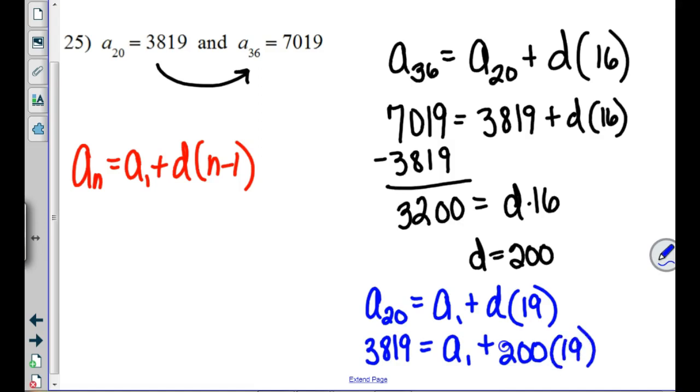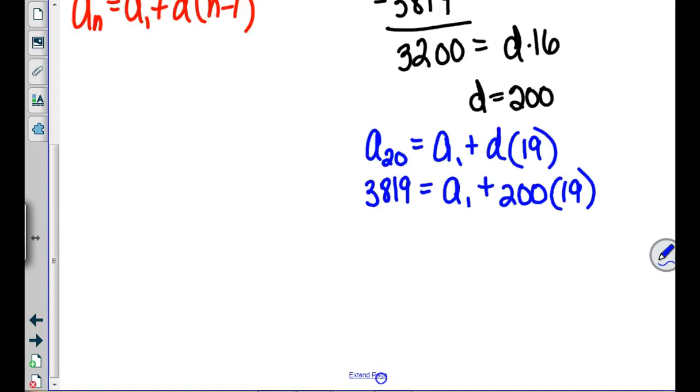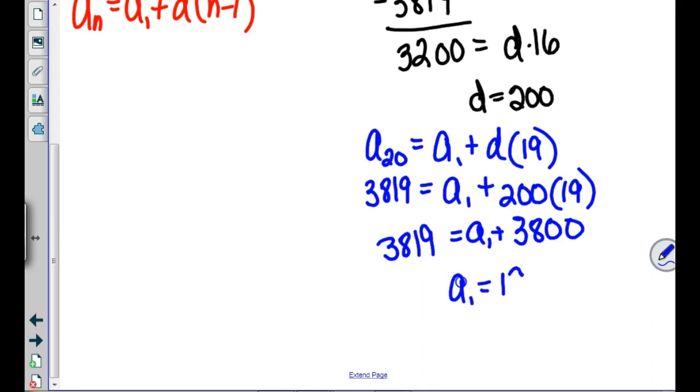So some of you can just think it out like Keaton did. He said, we're going to take that 3819 and subtract 200 19 times. What are we going to get? Yeah, this is 3800. So a sub 1 is just 19.